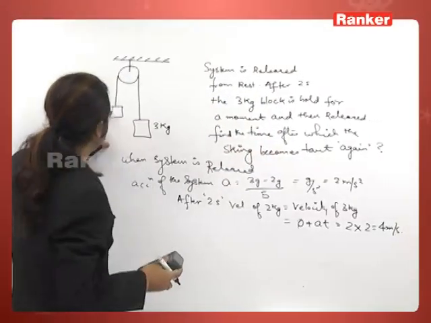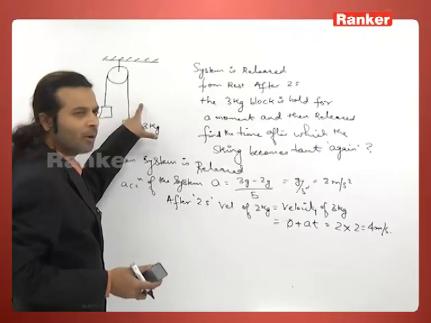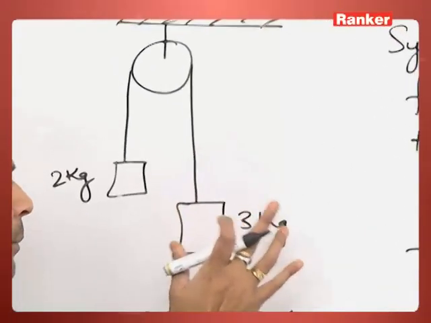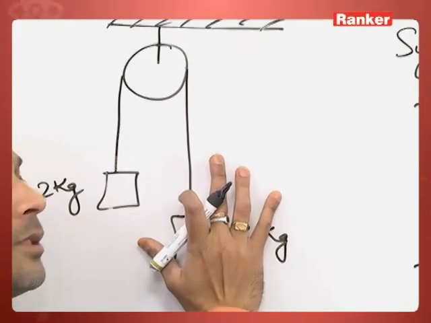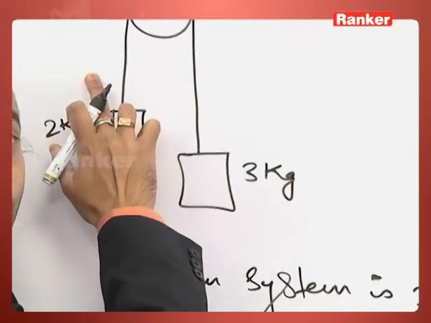That means the 2 kg block will be moving with 4 meter per second upward, and the 3 kg block downward, but the 3 kg block is held for a moment. That means the velocity of the 3 kg block becomes 0, but the 2 kg block is still moving upward.